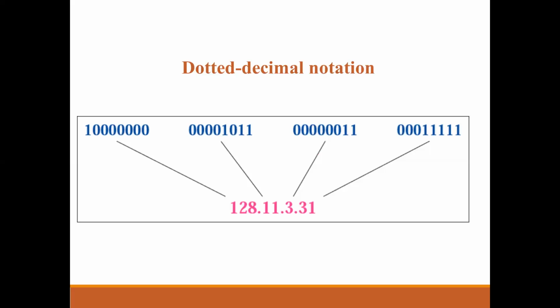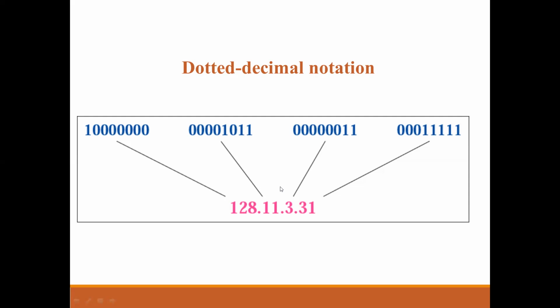Then the second one is the dotted decimal notation. You can see the first is in binary notation. Here the first byte is converted into its equivalent decimal number, and you can see this is 128. The second one is again converted into its equivalent decimal number, and this is 11. This is 3, and this one is 31.